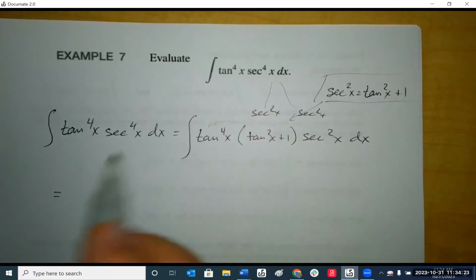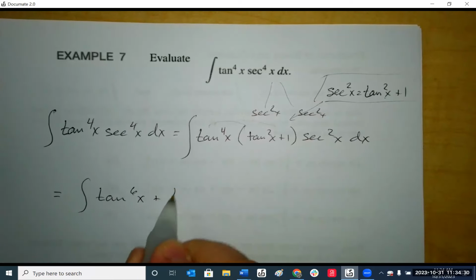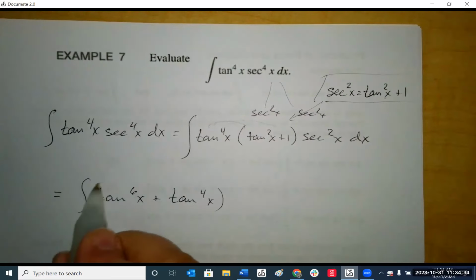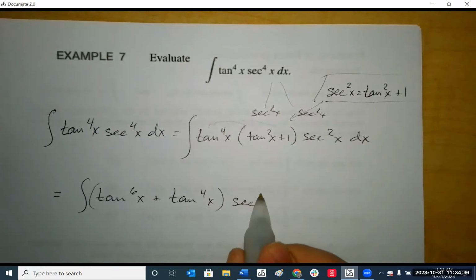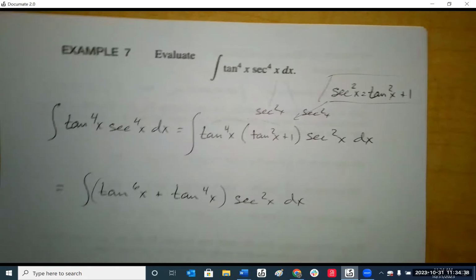Okay, so here I can distribute. So I have tangent to the 6th x plus tangent to the 4th x, secant squared x dx.